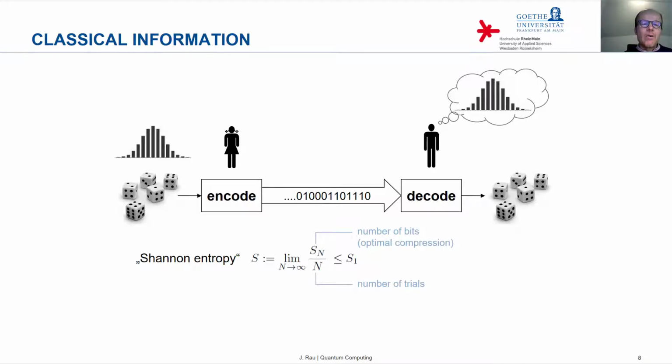Then there are 2 to the power r possibilities. But for the same reason as for the single coin, she can simply encode the result of each individual one of these r coin flips with a single bit. So she needs r bits then for one collective flip of r coins.